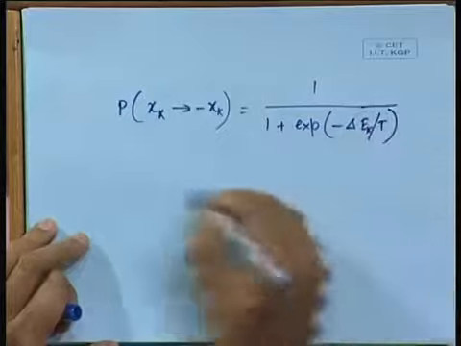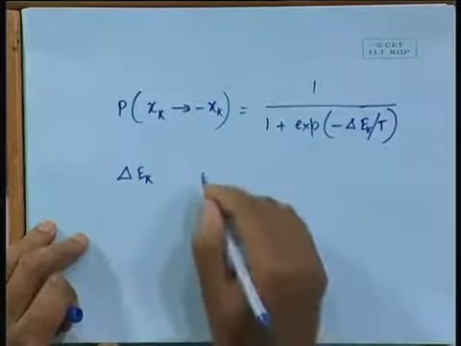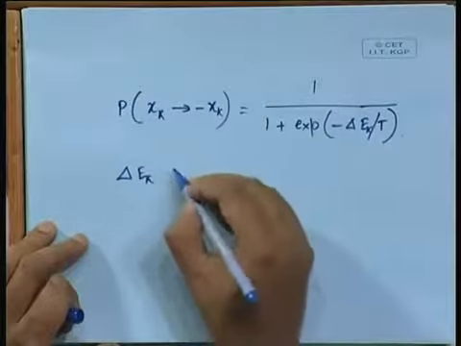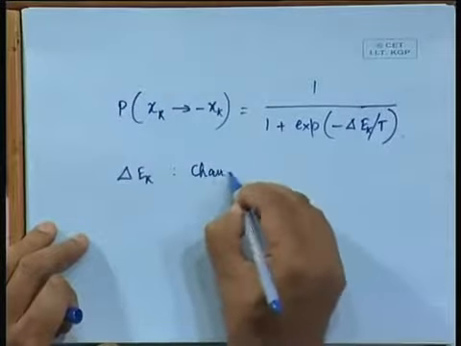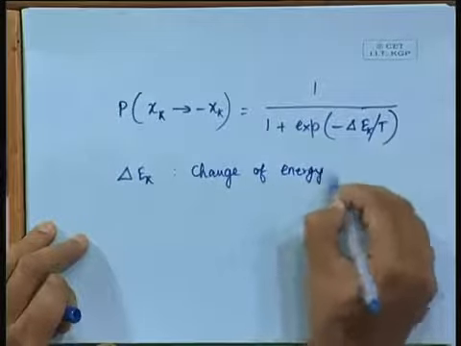And what are the meanings of these terms? What is delta Ek? Delta Ek is nothing but the change of energy resulting from such a flip.